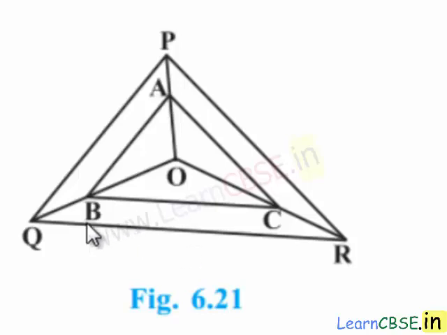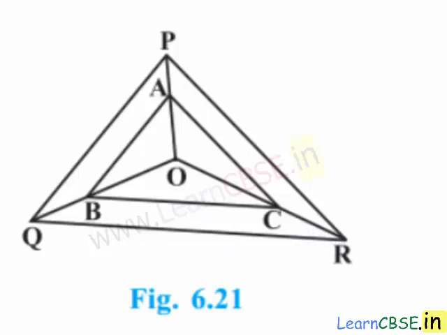Before that, by using the conditions AB is parallel to PQ and AC is parallel to PR, we can prove that the ratio of OC by CR and OB by BQ is equal to OA by AP, and by applying the equality we can obtain OB by BQ is equal to OC by CR, and by converse of basic proportionality theorem we can say BC is parallel to QR.